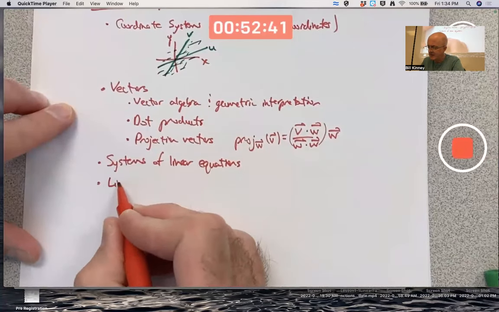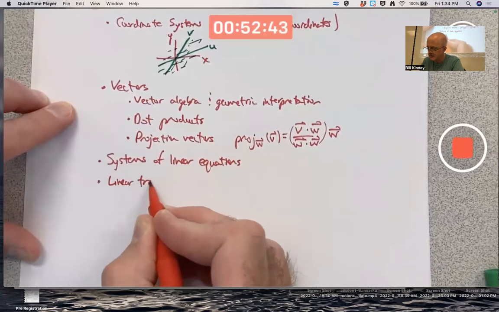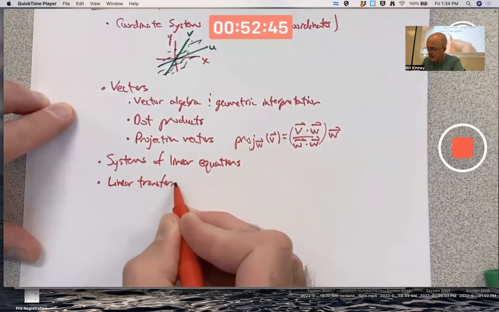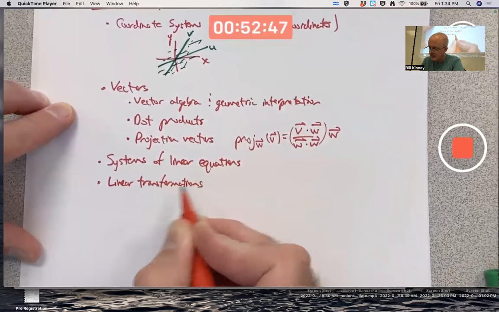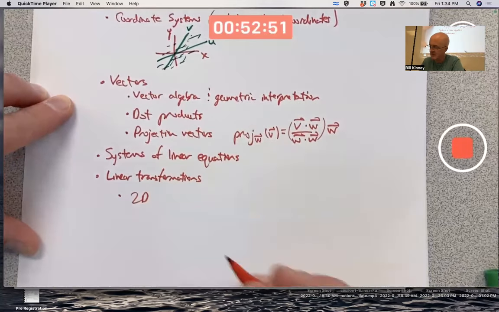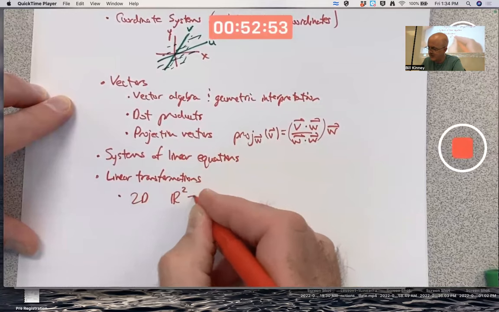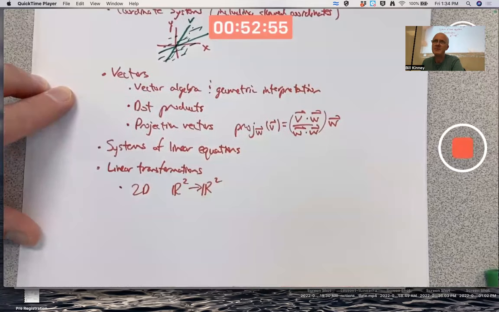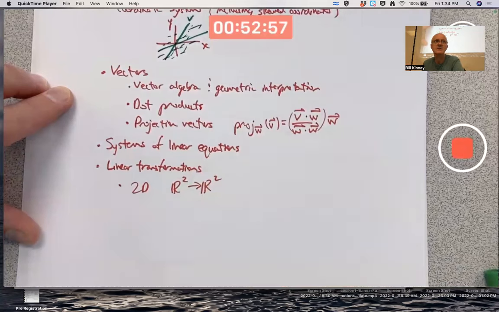Linear transformations come up as well. Section 1.4, it's in 2-dimensional space, R2 to itself. Examples included reflections, rotations, shears. There are more complicated examples too, but those basic examples.